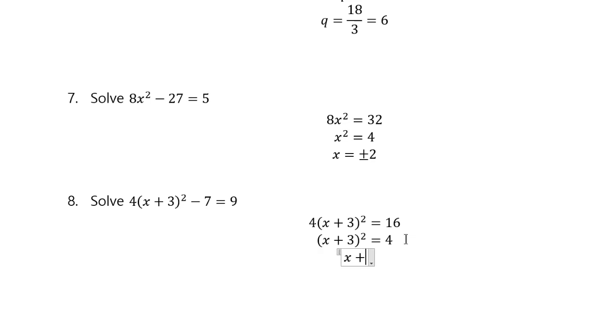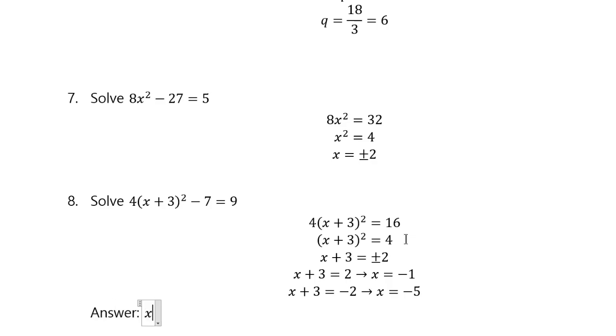So you get x plus 3 equals plus or minus 2. And you have to solve them separately. So when x plus 3 is positive 2, that means x is -1. And when x plus 3 is equal to -2, then you get x equals -5. And they're both solutions. So the answer would be x equals -1 and -5.